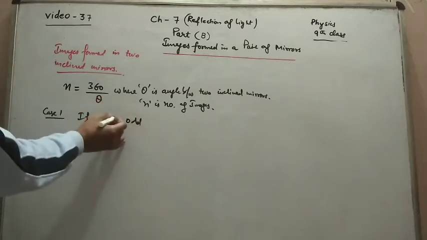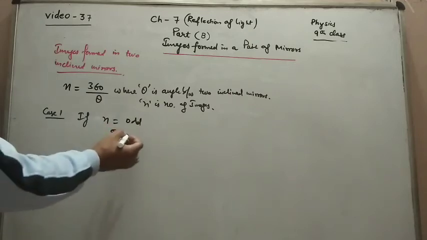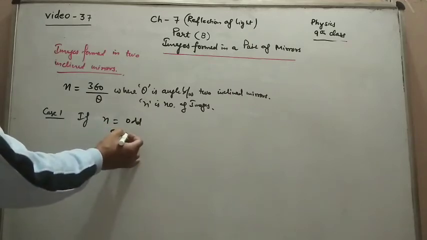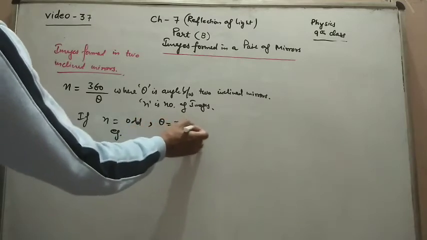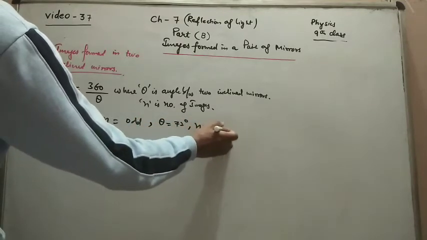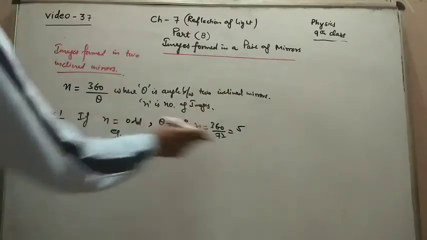For example, if theta is 72, then n is equal to 360 upon 72. If you solve, you will get 5. Now see, n is odd.